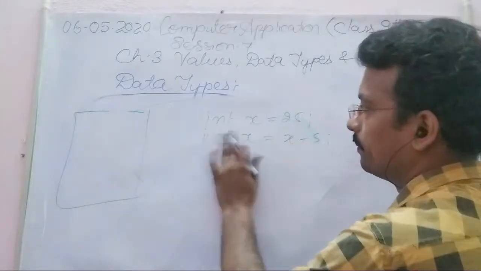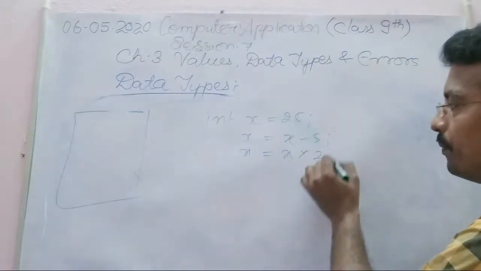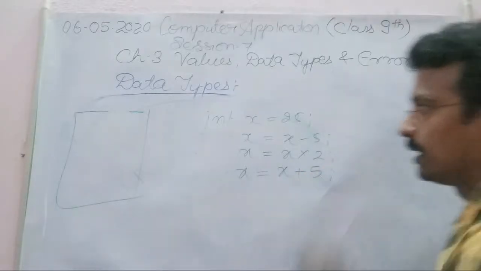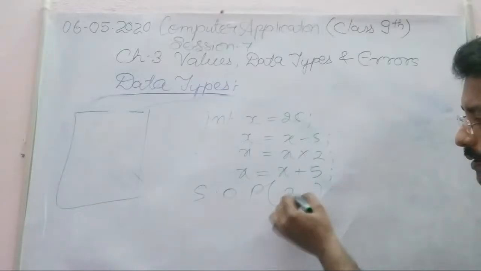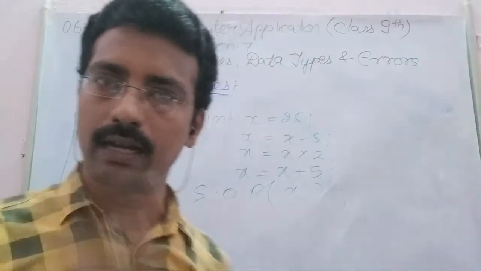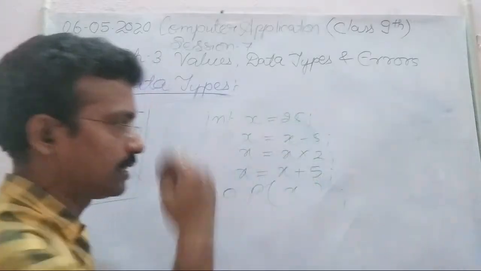Then I said x equal to x into 2. Then I said x equal to x plus 5. And lastly I said print the value of x. Can you calculate this set of expressions and find the last value? What value will be printed after execution of these statements?